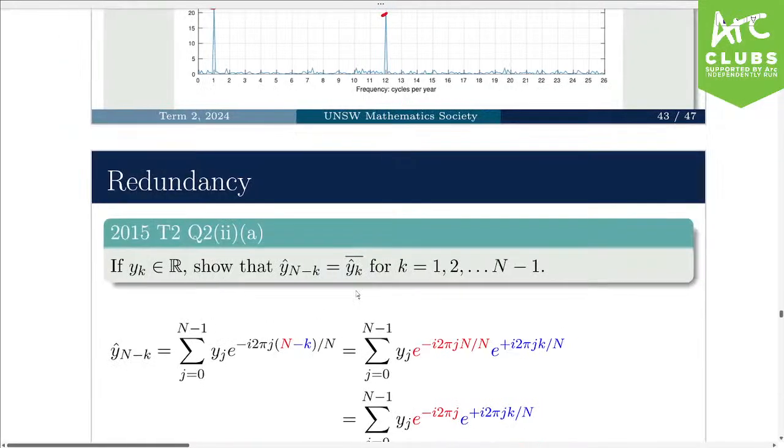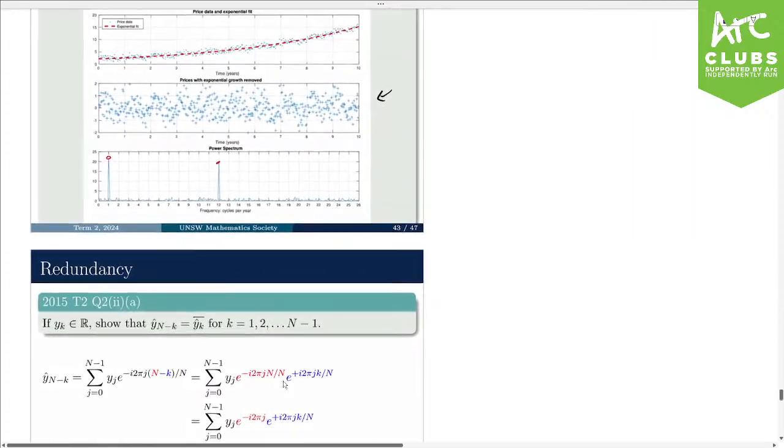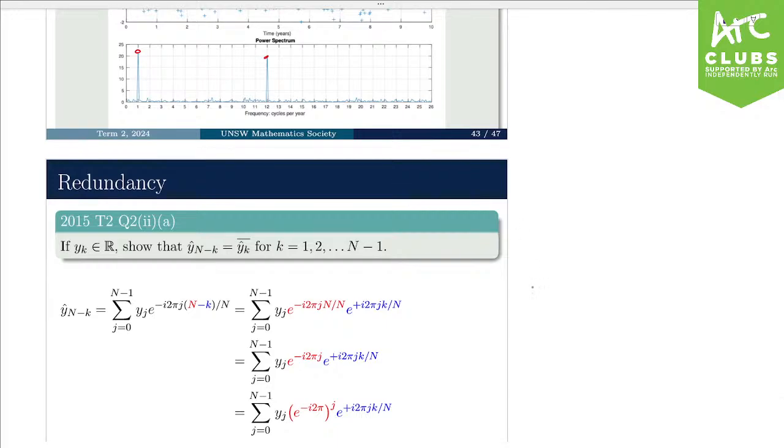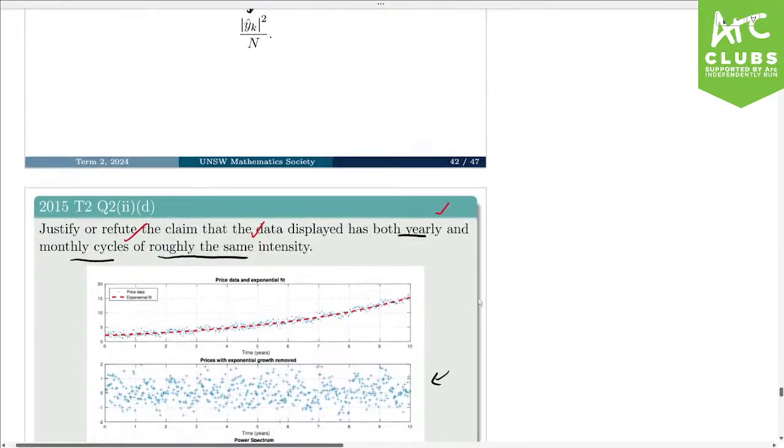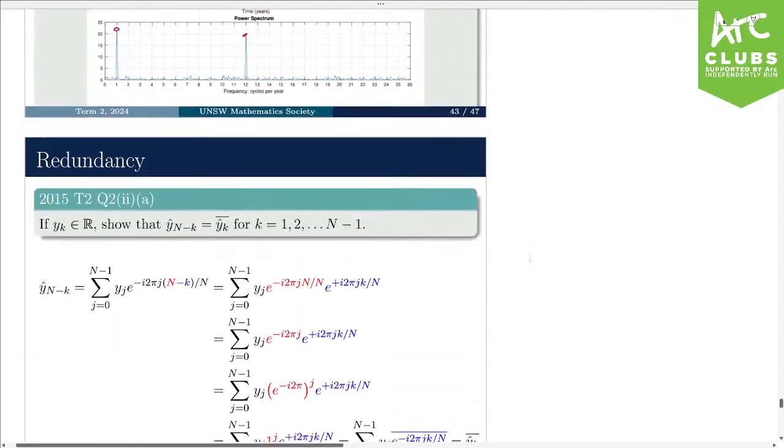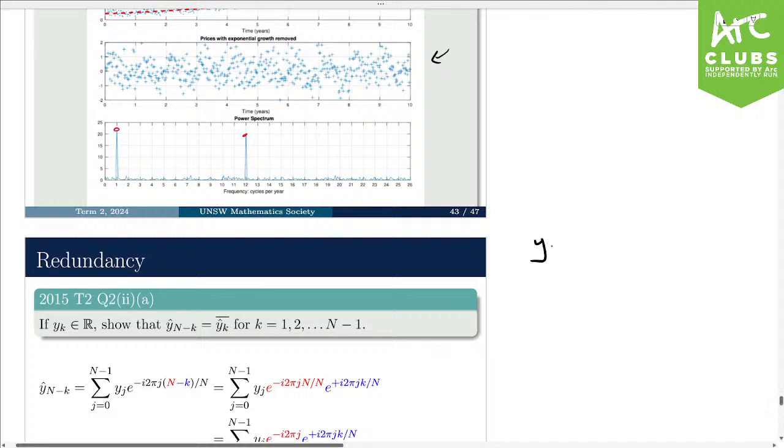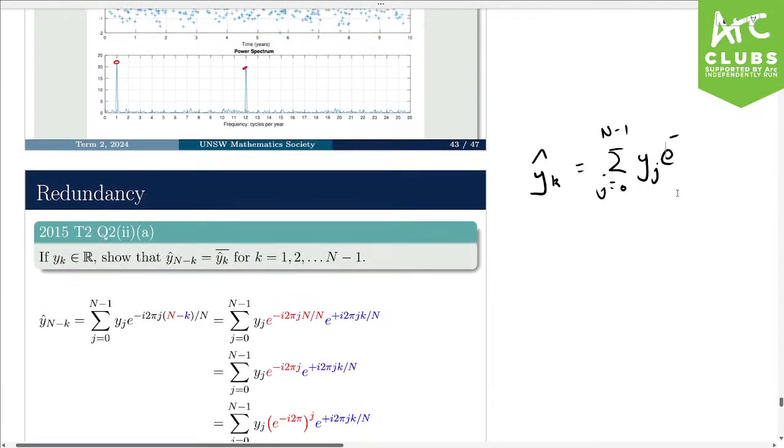And here, remember we have yk hat is equal to this sum of yj e to the minus, I believe it's i pi j k over n.